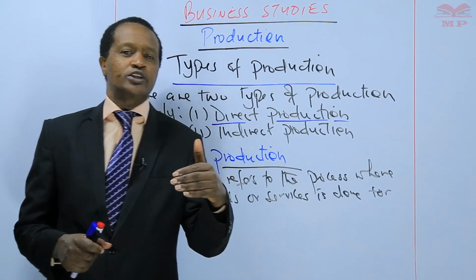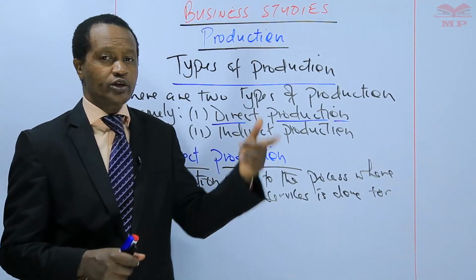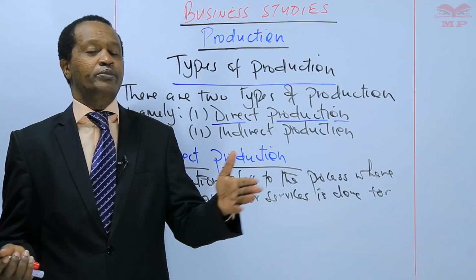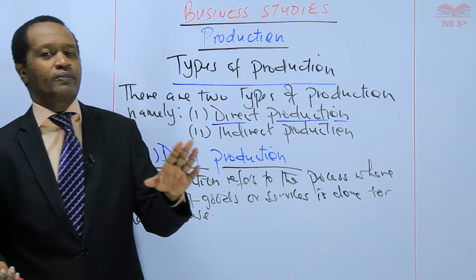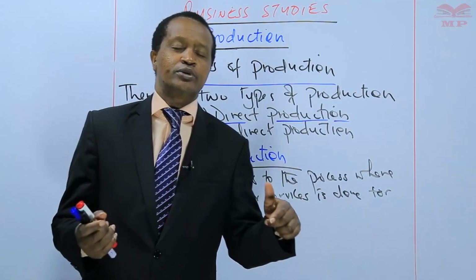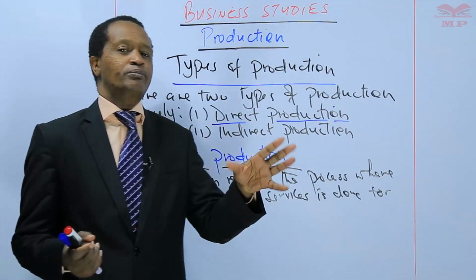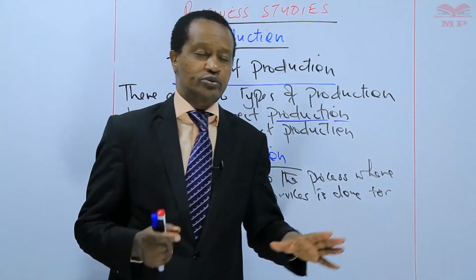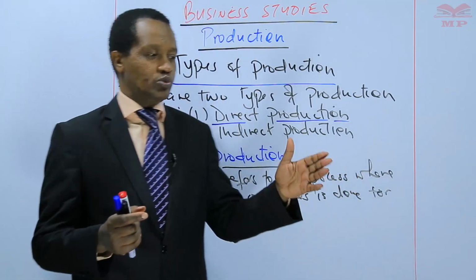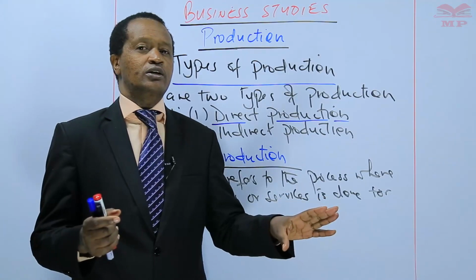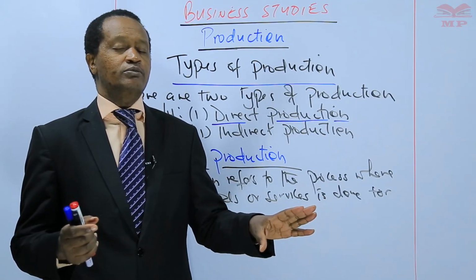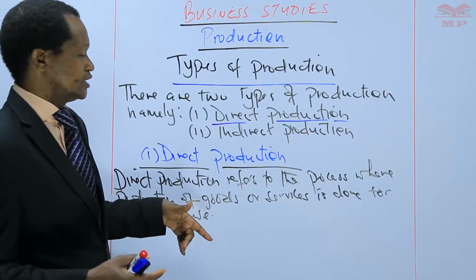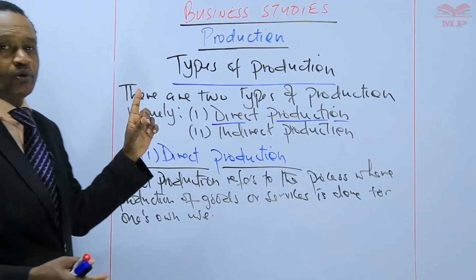Examples of this form of production are growing crops, keeping poultry, and in the African setup we had people making pots for the purpose of cooking in the home for their own use. That is direct production.